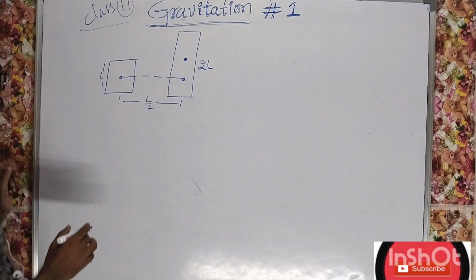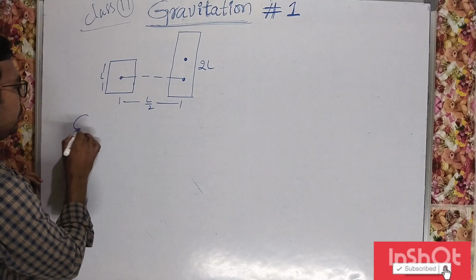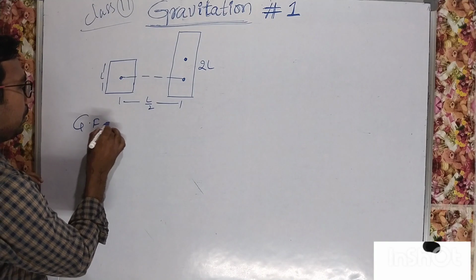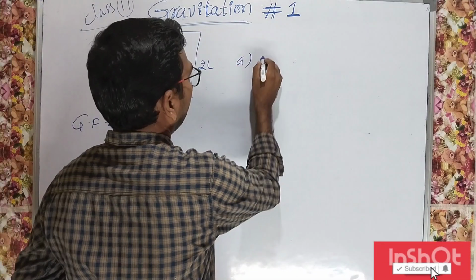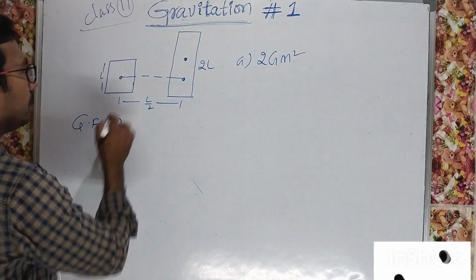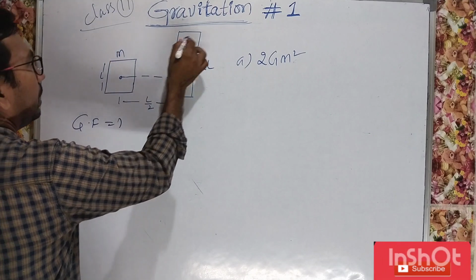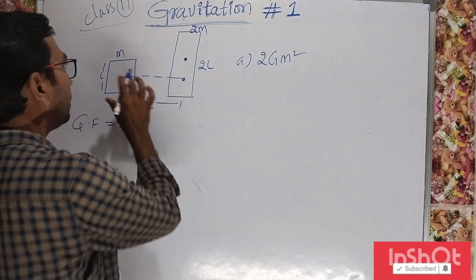You can find out the gravitational force between the two. I will give you options. This mass is m and this mass is 2m.